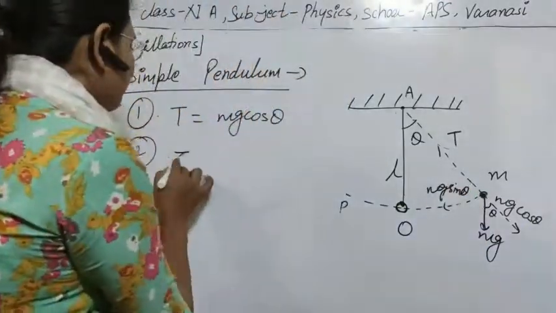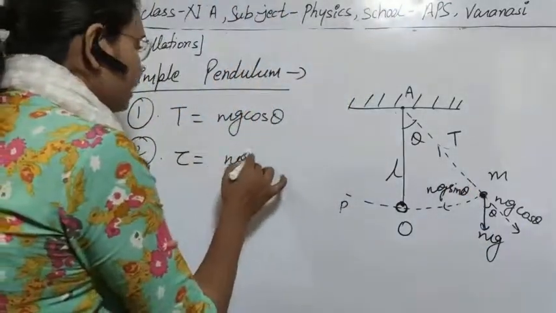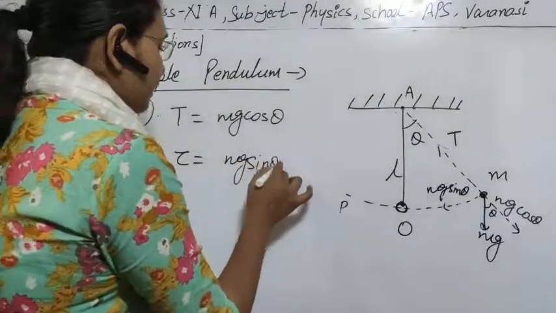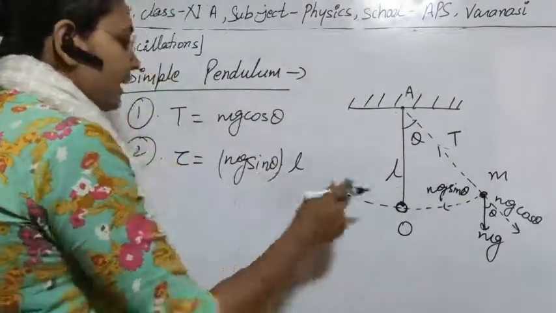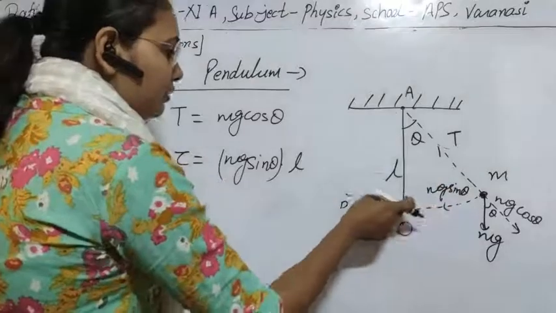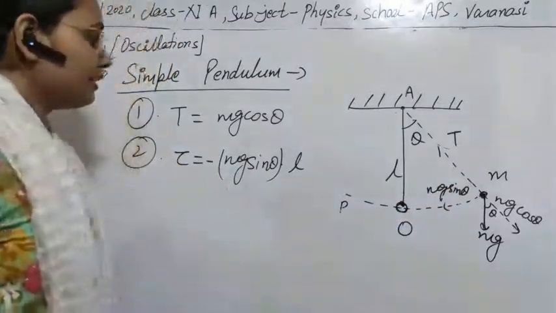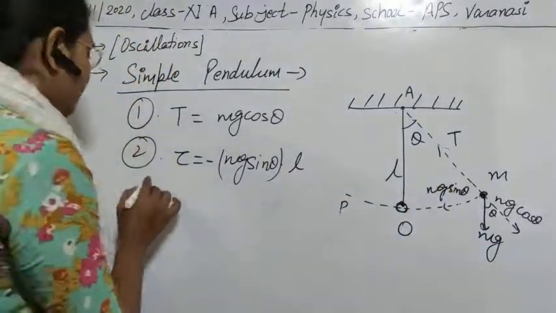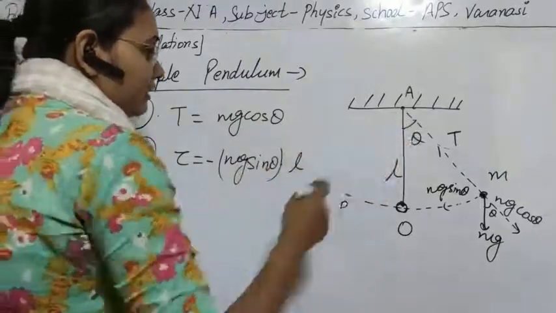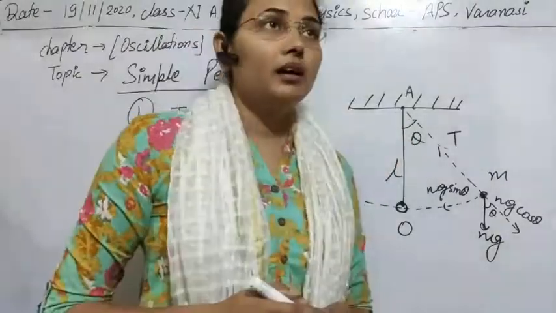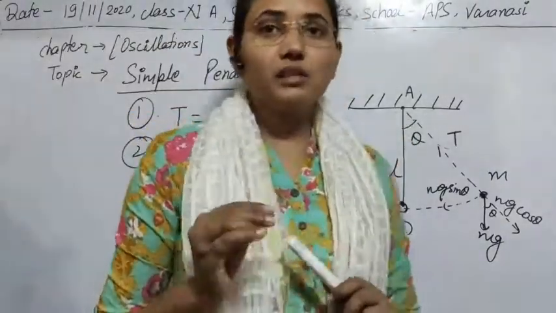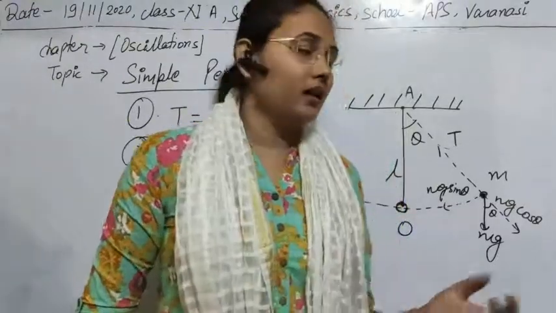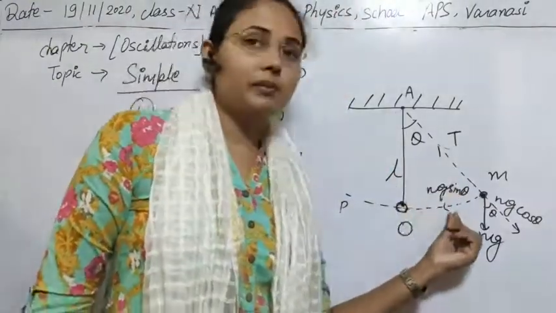The value of the torque will be equal to mg sin theta times L. Clear? As this torque is in the opposite direction, we take it with a minus sign, and to perform simple harmonic motion, meaning ideal oscillations, this theta should be small.